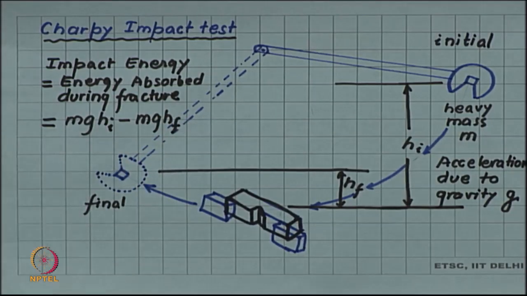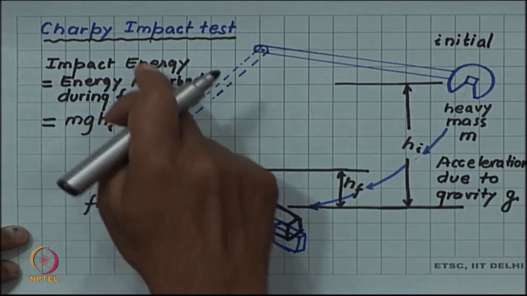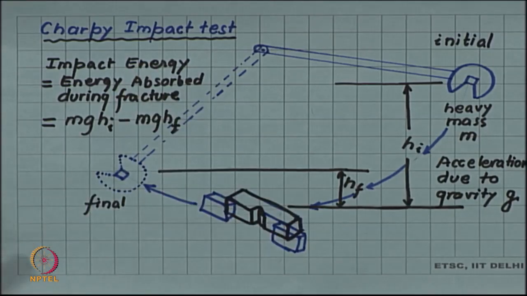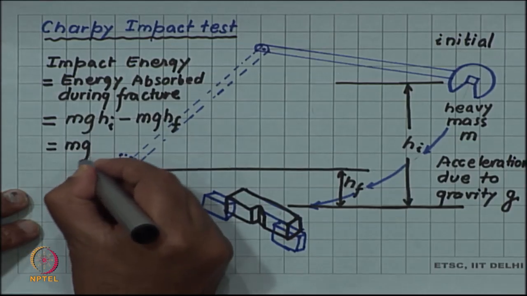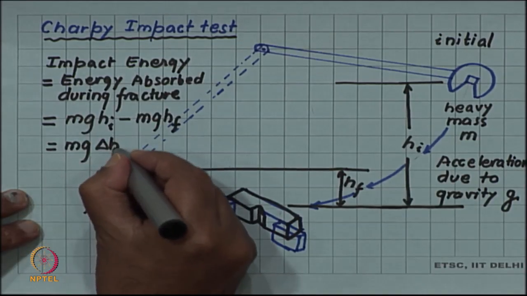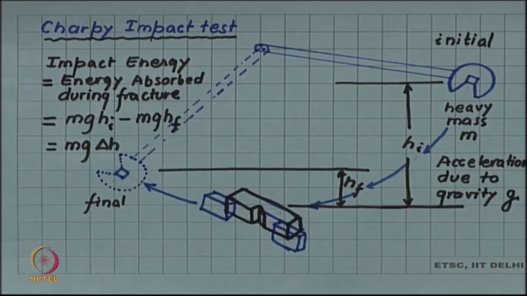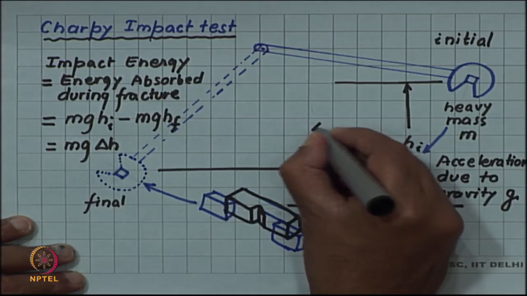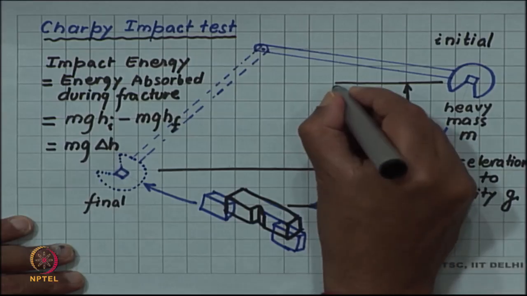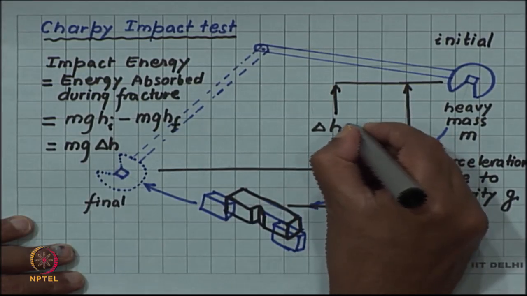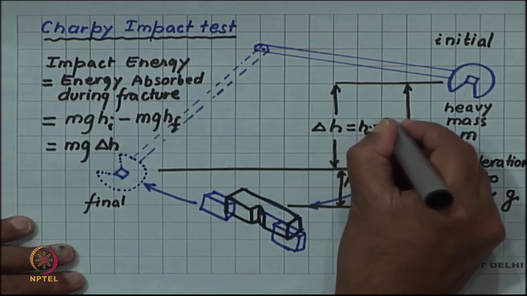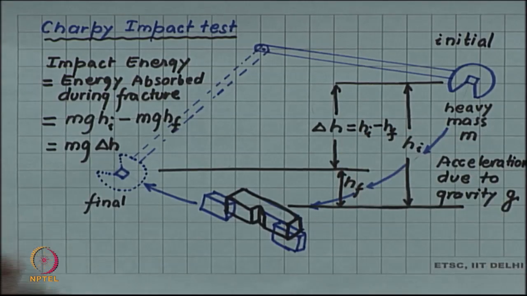So, that means this difference is what has been absorbed by the sample during fracturing. So, this will be m g delta h, where delta h is the difference between these two heights, h I minus h f.